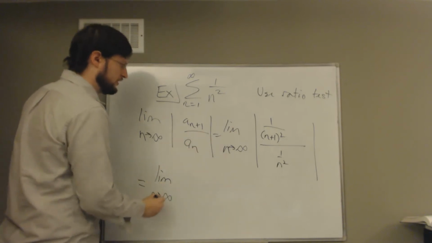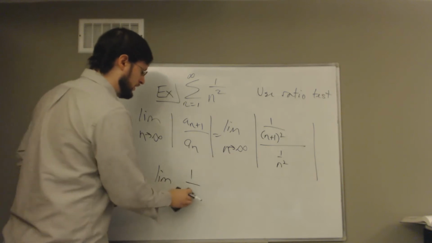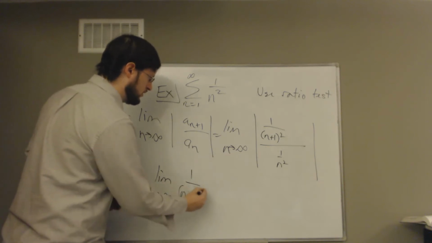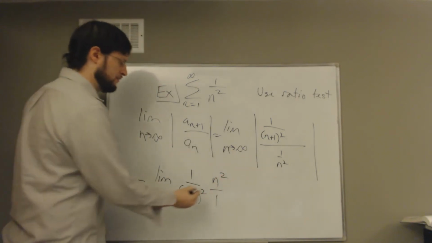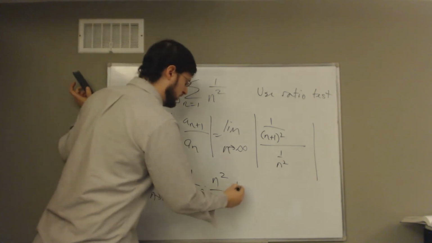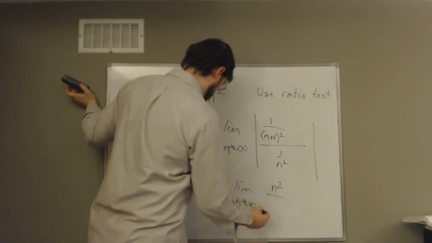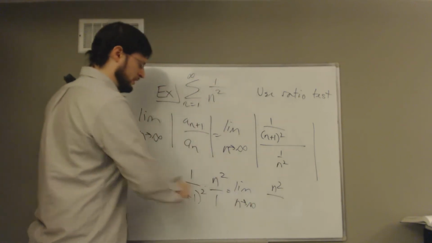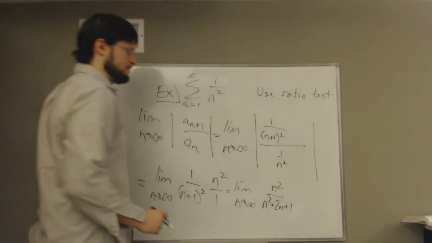But this is the limit as n goes to infinity of 1 over (n+1) squared, the numerator, divided by a fraction is multiplied by n squared over 1, which is the limit as n goes to infinity of n squared over, let me expand this out, n squared plus 2n plus 1.